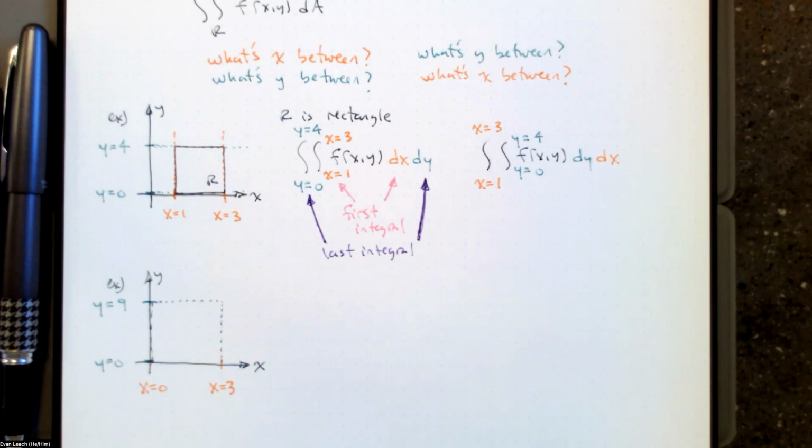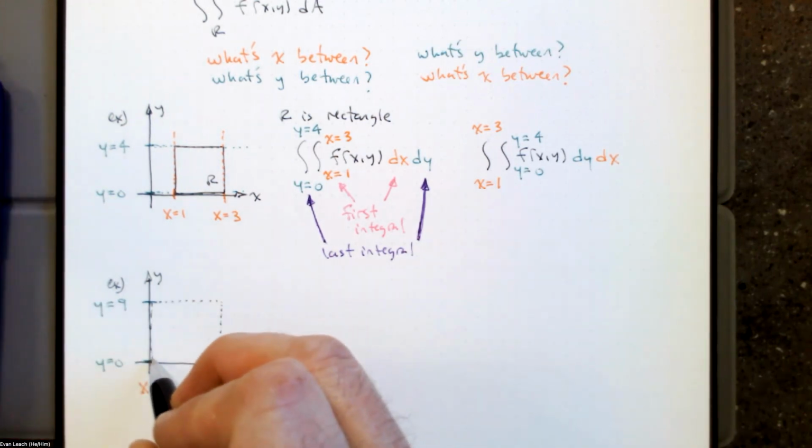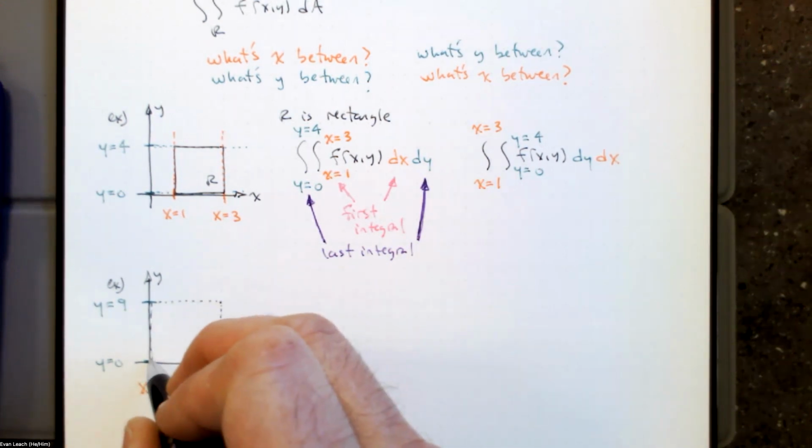I need a little more room to work, so I'm going to go from 0 to 3 on the x and from 0 to 9 on the y. But here's what our region is going to be. I want to describe the region. I'm going to draw a line. Let's just go from this corner, 0, 0, up to the corner 3, 9.